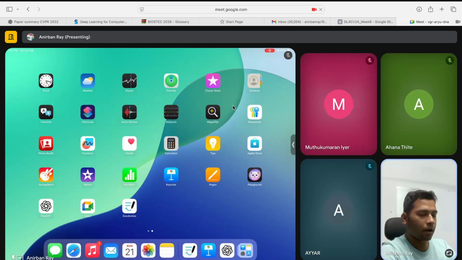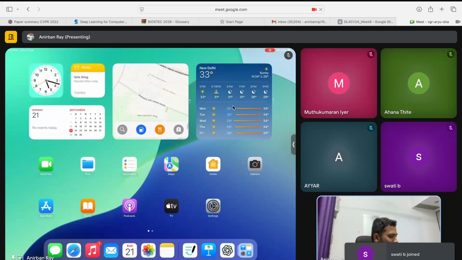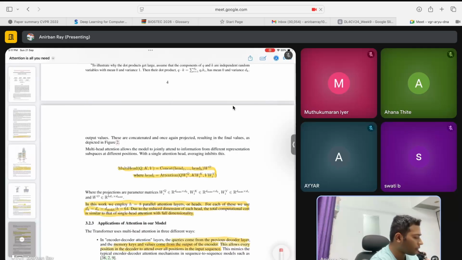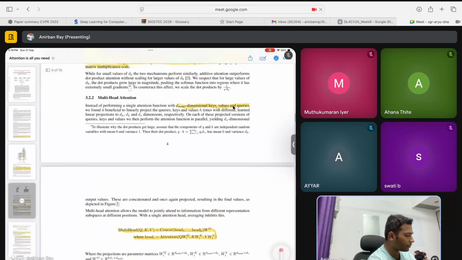Then they concatenate each of the heads. The attention of each head is calculated here, and then we concatenate the heads, and we have a weight matrix as well.